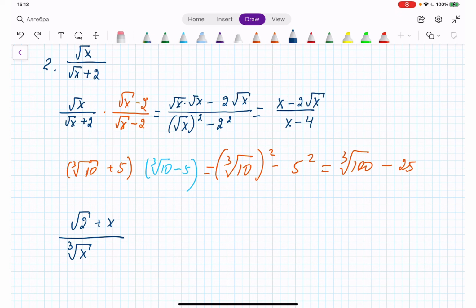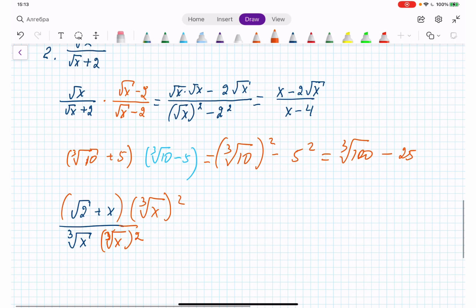Then I can take care of it, and what I will do, I just multiply by the square. Cubic radical of x raised to power 2. Why? I'll explain. So this radical of degree 3 of x, I can imagine, it's a 1, right?